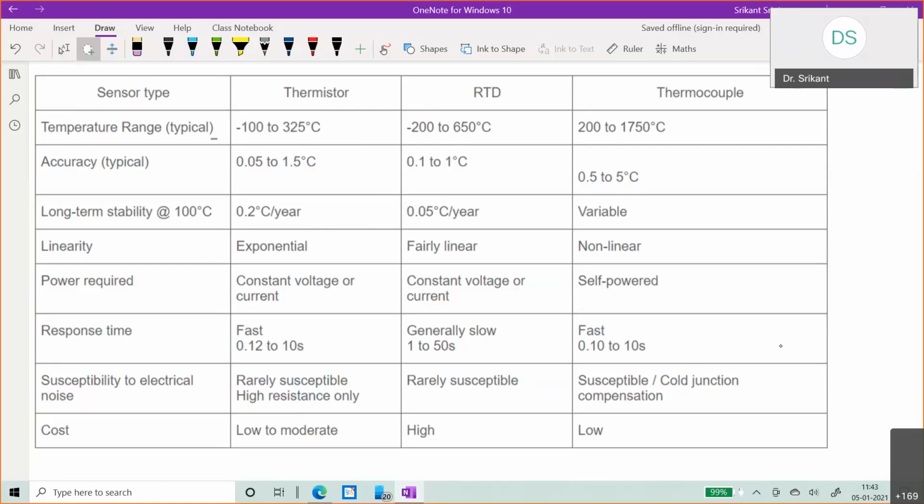That means there is only a fluctuation of 0.05 degrees Celsius per year. Whereas here there is a higher level of fluctuation in thermistor. And thermocouple probably, because you're using multiple metals and all that, it may be more sensitive. I mean, it fluctuates a lot more. And then linearity. So RTD is very linear, whereas thermistor is exponential. So it's difficult to measure.